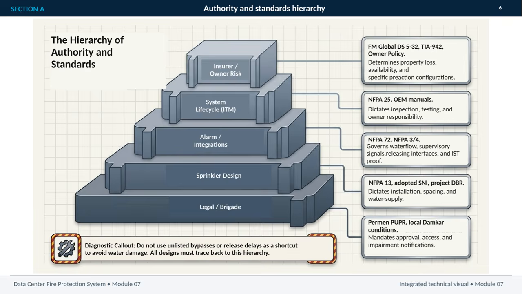Finally, legal and brigade requirements, including PERMEN PUPR and local damper conditions, govern approval, access, and impairment notifications. The key principle is simple. Every design choice must trace back through this hierarchy. We should never use an unlisted bypass or release delay merely as a shortcut to avoid water damage.